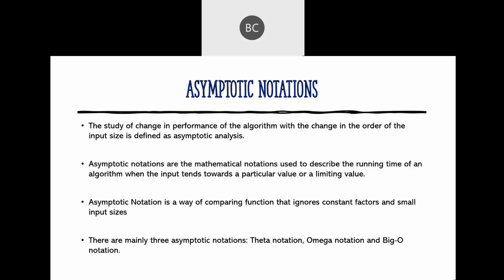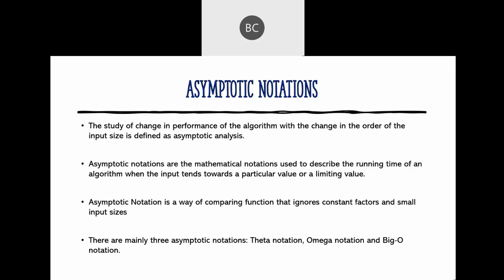So what are the asymptotic notations? The study of change in performance of the algorithm with the change in the order of the input size is defined as asymptotic analysis.